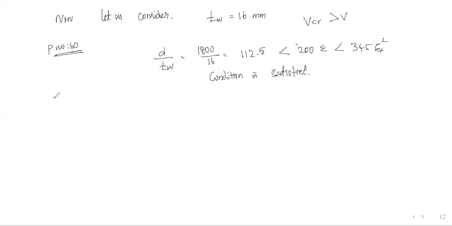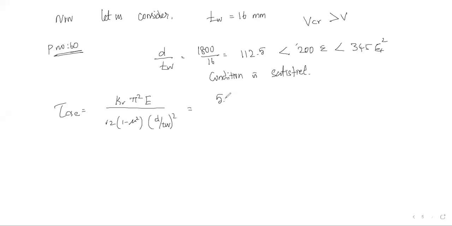Next, the elastic critical shear stress we are going to calculate, that is the tau CR value. The formula is kV into pi squared E divided by 12 into 1 minus mu squared into d by tw the whole square.